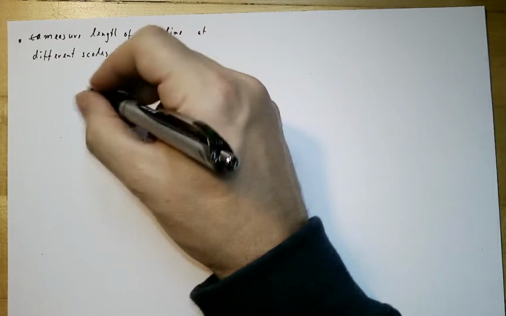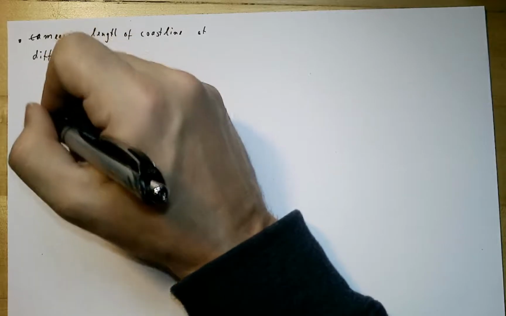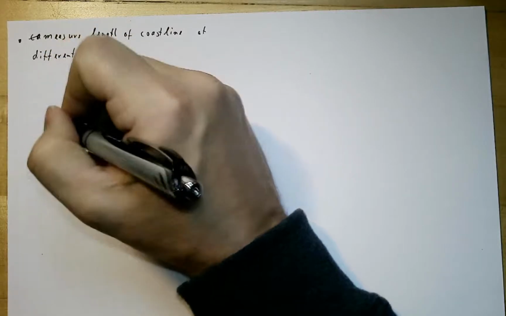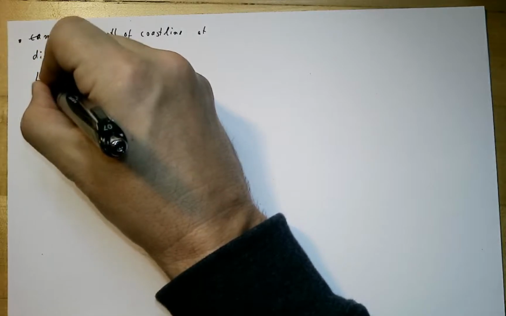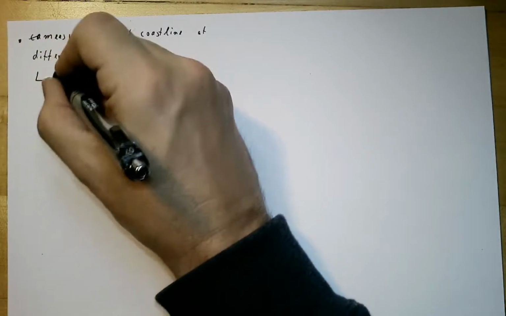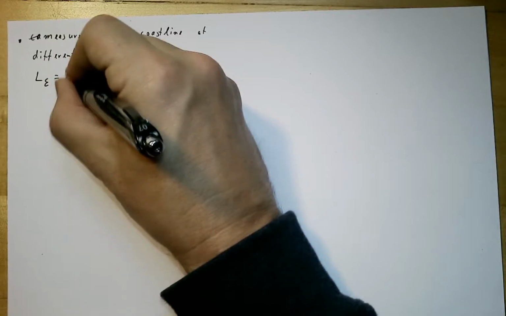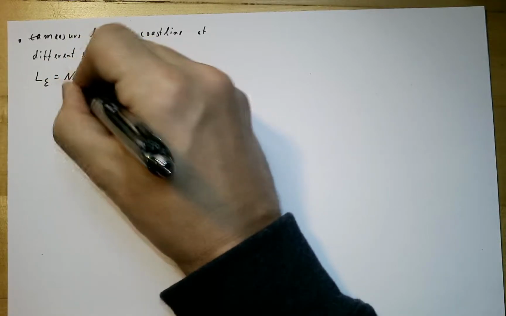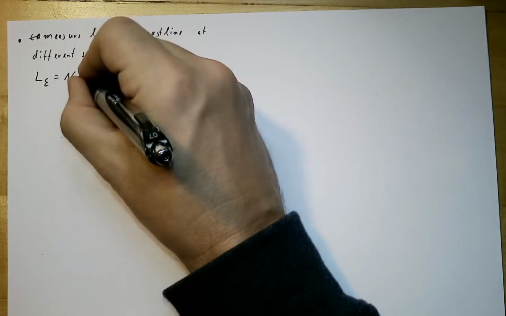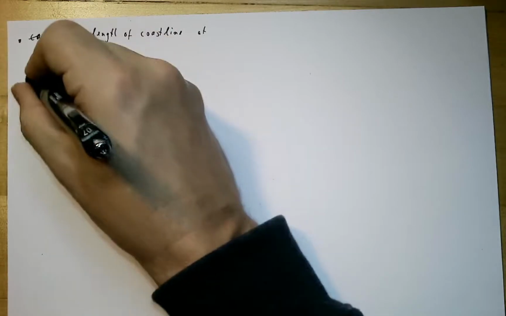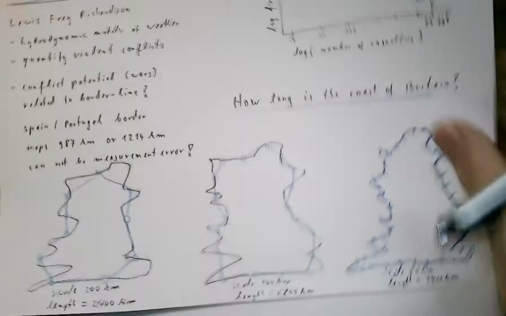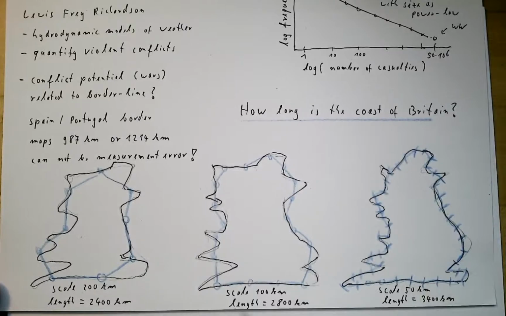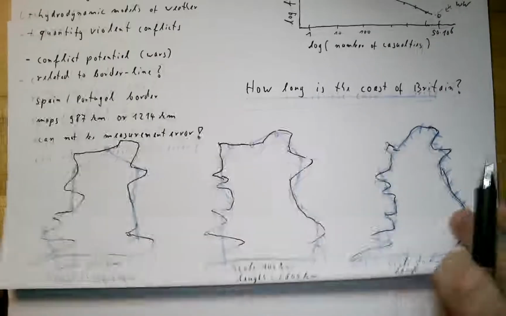And let's plot then the resulting length. The length that we obtain at a certain scale equals the number of scales we need times the scale. Right, and this is what we found here. Depending on the scale we use, we have a different length.